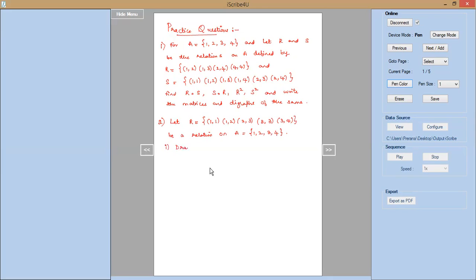First sub question, draw the digraph of R. Second one, obtain R square, R cube, and draw their digraphs. Third and the last part of the question, find the matrix of R square, matrix of R cube.